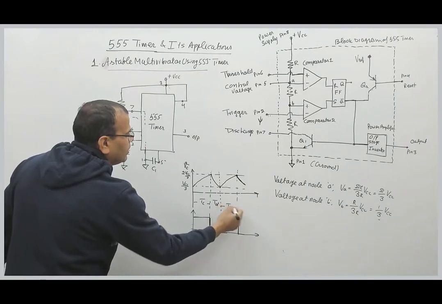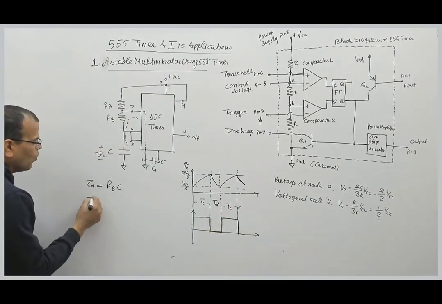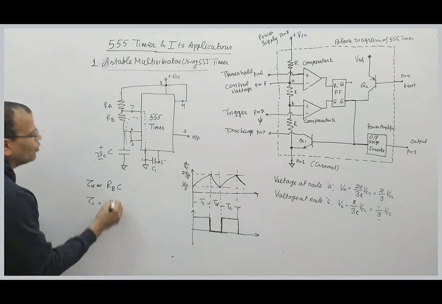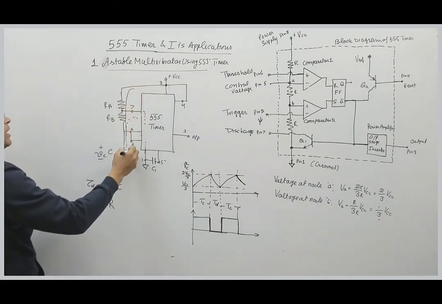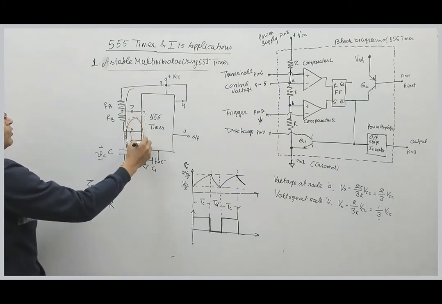During the charging period of the capacitor, what is the time constant? We have two resistances in the circuit. During the charging period, current flows like this, and during the discharging period, current flows through this.